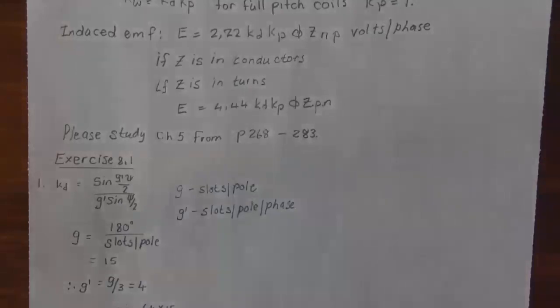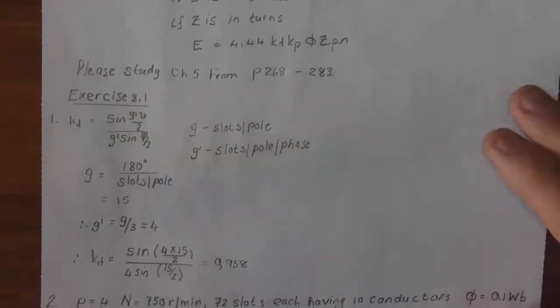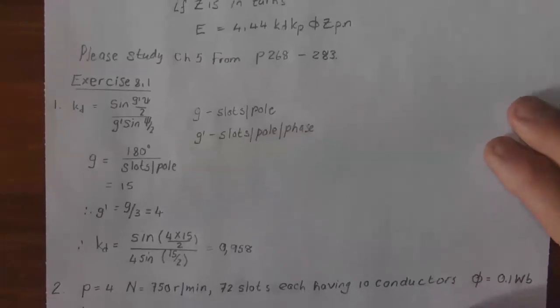If Z is in conductors, then we get 2,22 Kd Kp. And if Z is in turns, then it becomes 4,44 Kd Kp. And then please study chapter 5 from page 268 to page 283.